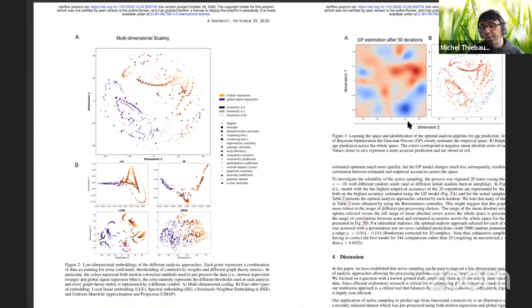And they give you a map of what is good and what is not good to answer your question. So most likely, if you want to predict age, you go into the area that is dark red, and then be like, oh, so what did we do here? Oh yeah, we did motion regression and global signal regression this way, combined with the measurement of, I don't know, betweenness centrality. Well, let's do that with 500 other subjects and predict age, because it looks like that's the best setup.